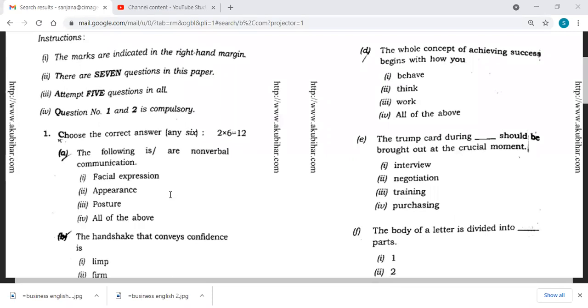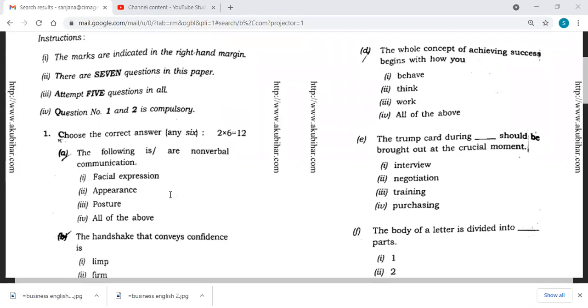So the answer will be all of the above. You can convey your message through your facial expressions, postures, and appearance.